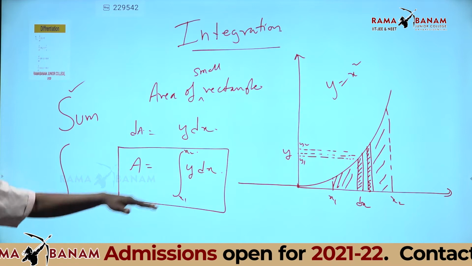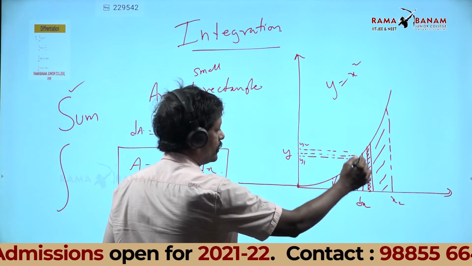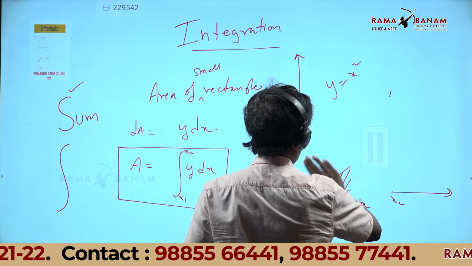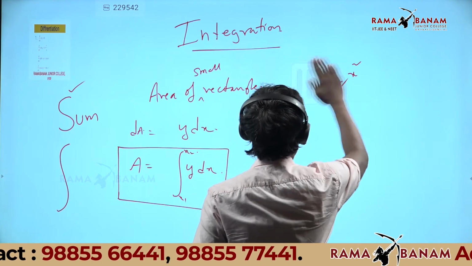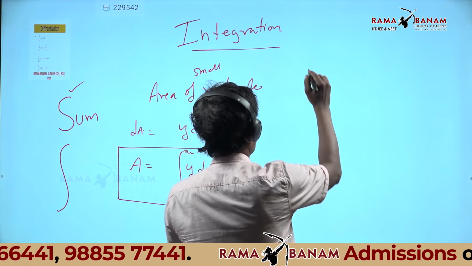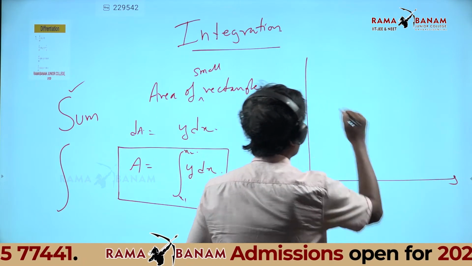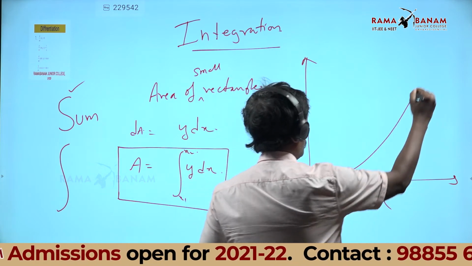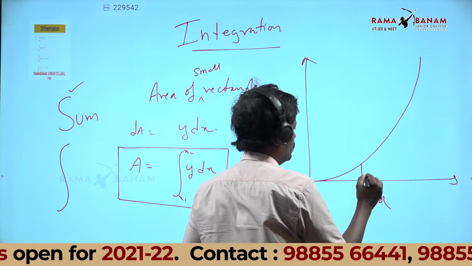Now write down what is there on the board. Y is nothing but length of the rectangle. All this you need not shade. So I will give a diagram for you again, so that this diagram you can note. So it's a curve here.